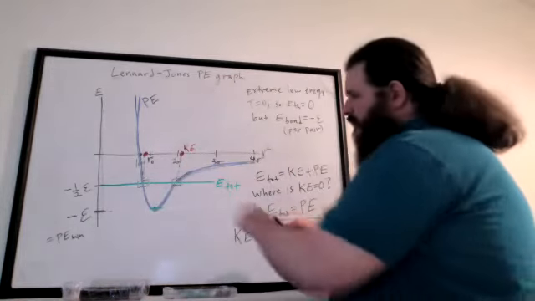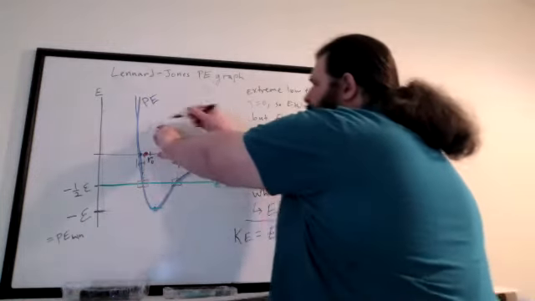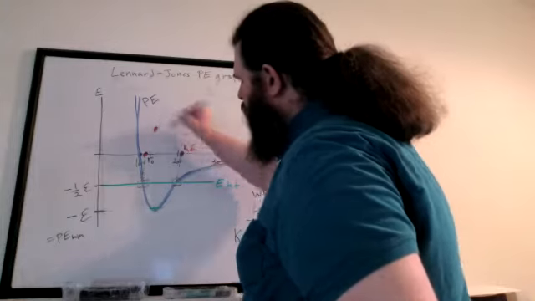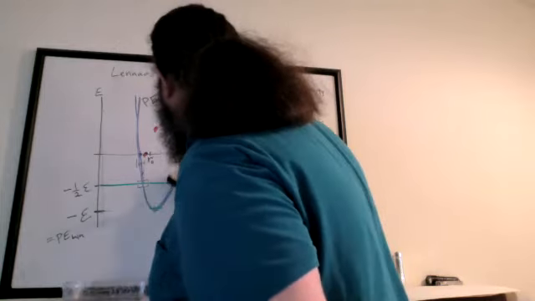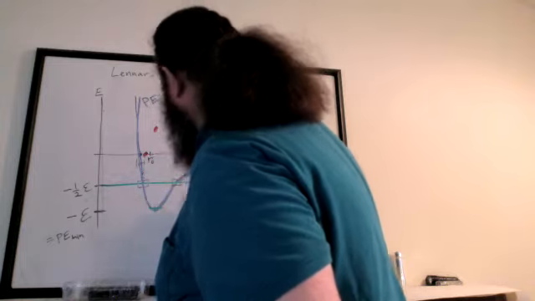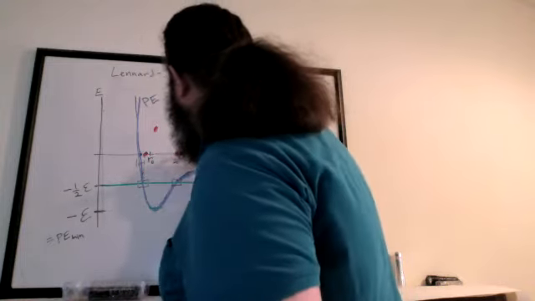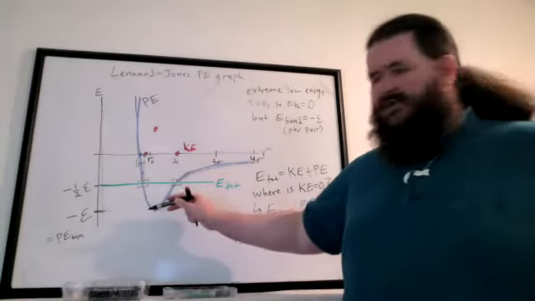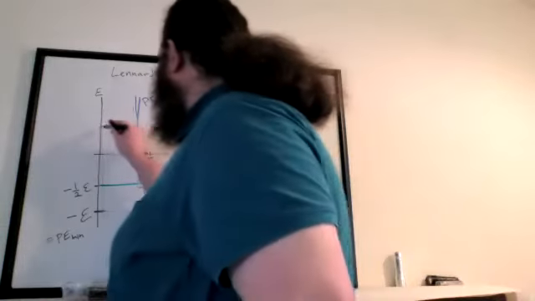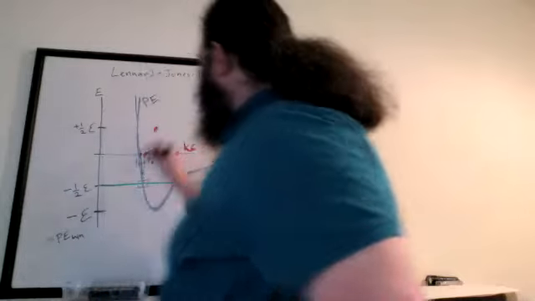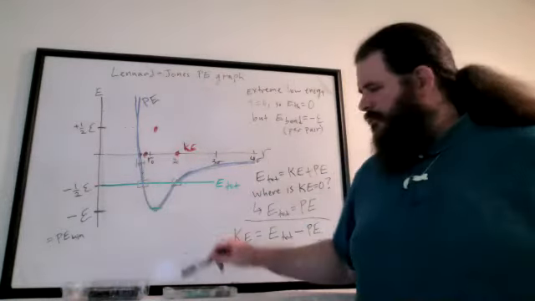So we can just take this difference and transfer it as a kinetic energy value. Something like that. And we could even calculate the value. Negative 1/2 epsilon minus epsilon would be positive 1/2 epsilon. So that's the value of our maximum kinetic energy.